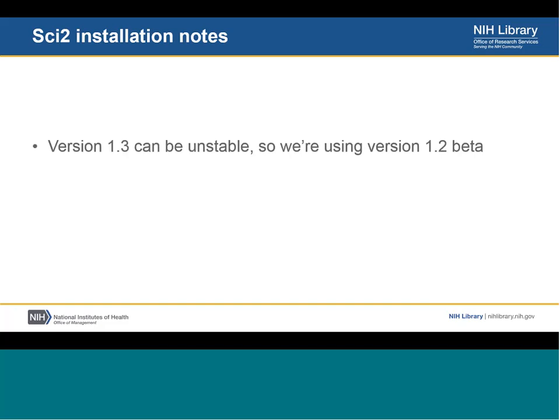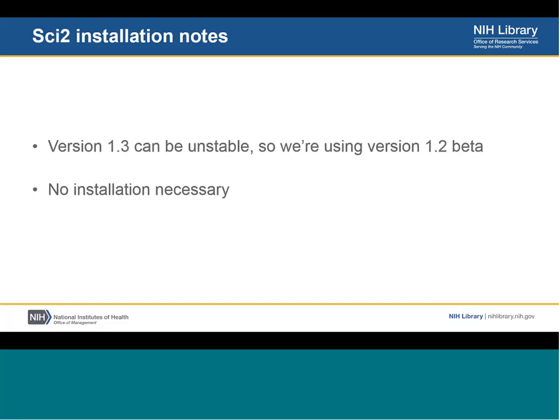It's much more stable. It's, I believe, from 2015. So that's the version we're going to be using throughout the courses. You're welcome to try to get version 1.3 to work. If it works for you, great, feel free to use it. We have never been able to get it to work, so we're using version 1.2 beta.